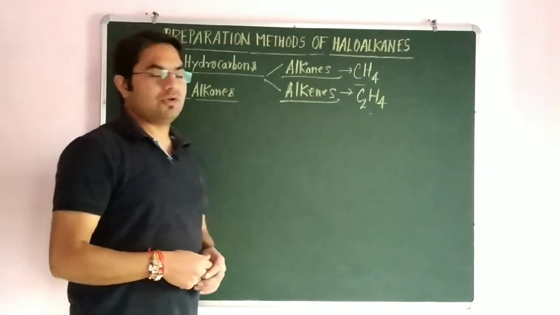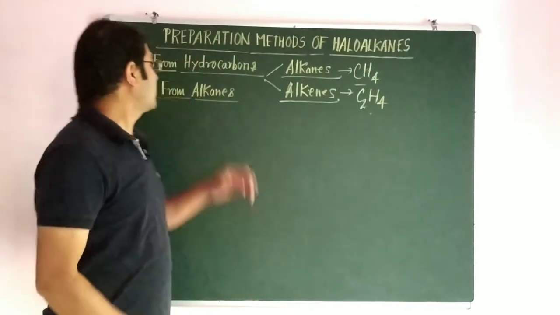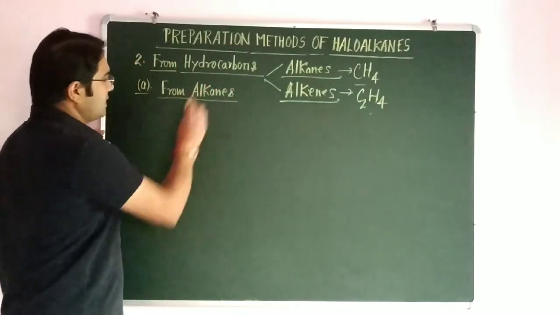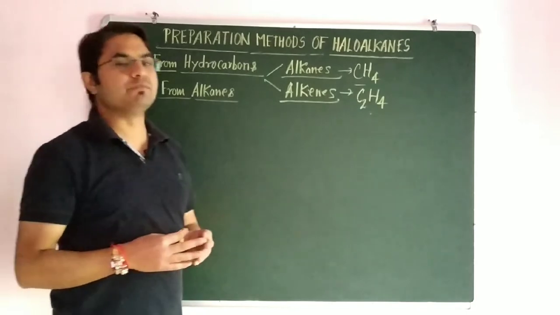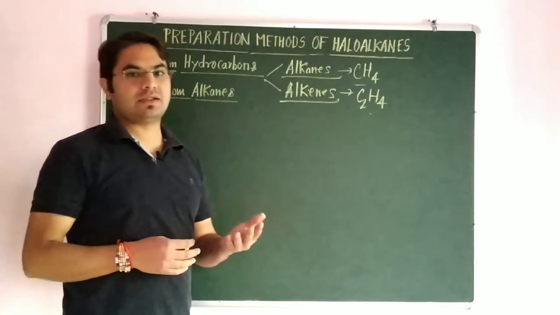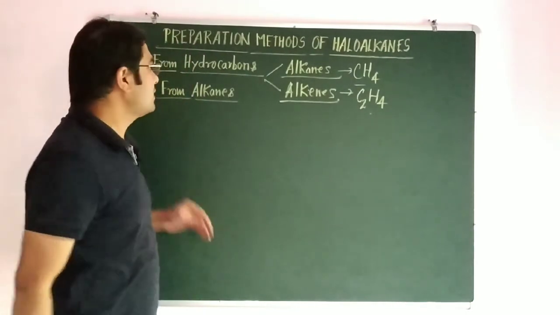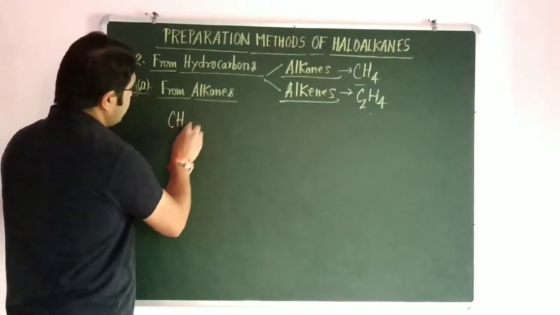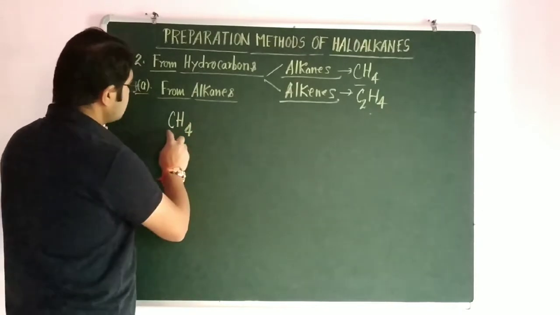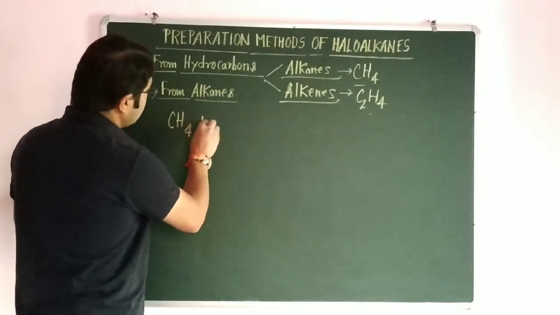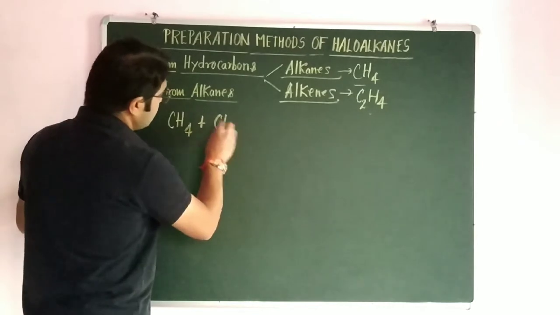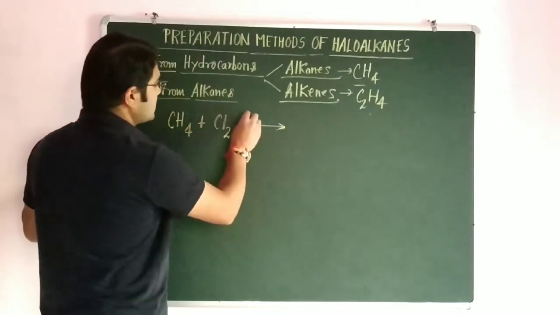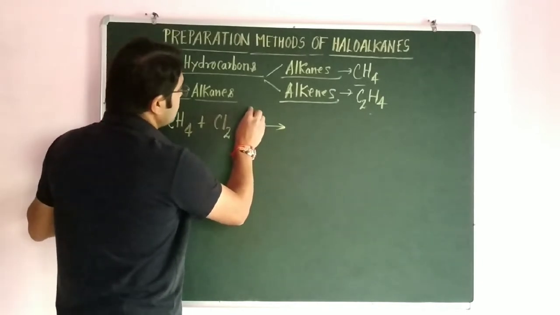So haloalkanes are prepared from hydrocarbons in two ways. The first is from alkanes. This is a very simple method because halogenation of alkanes gives haloalkanes. For example, when CH4 is halogenated in the presence of halogen, the reaction is carried out in the presence of sunlight.